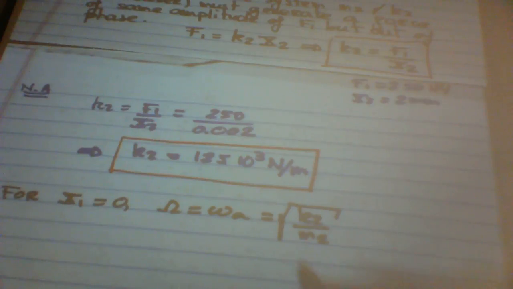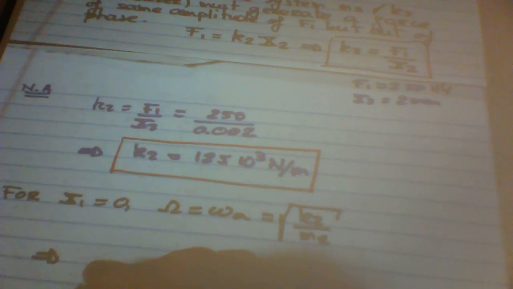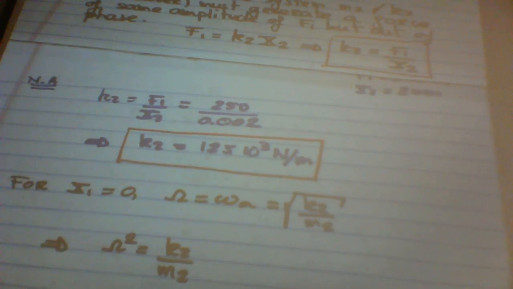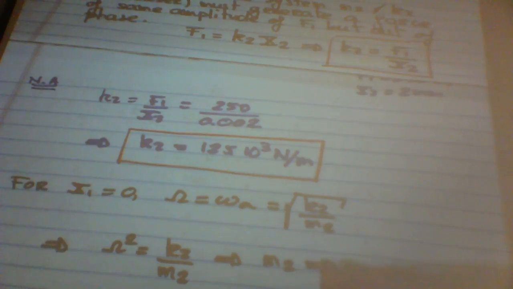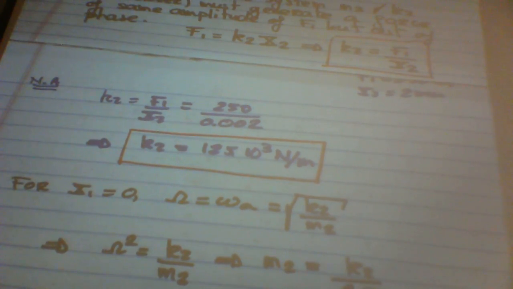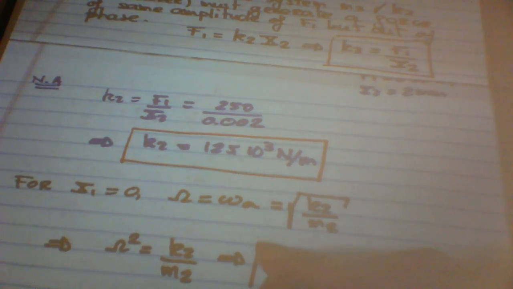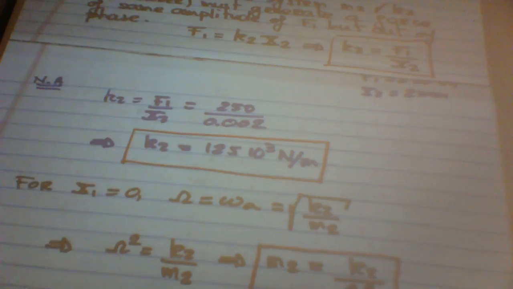So with this, we know the frequency. Omega squared equals k2 over m2, or m2 equals k2 divided by capital omega squared.